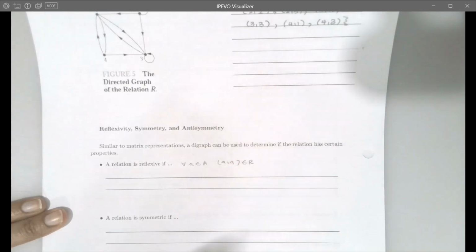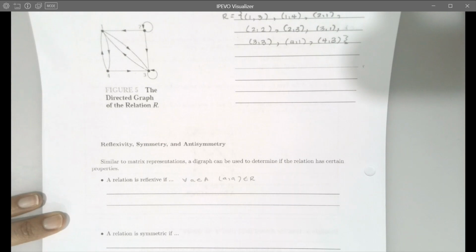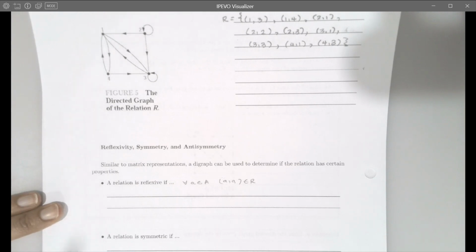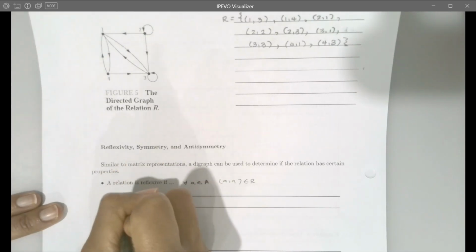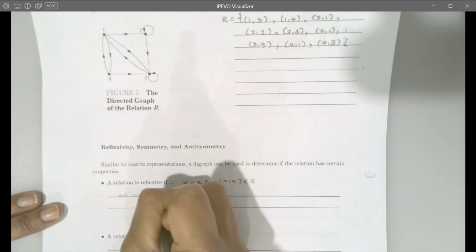That's what it means to be reflexive. And so on the graph, what that's going to look like is for every node or vertex on the graph, there's going to be a loop, meaning everything is going to map back to itself. So a relation is reflexive if all nodes, all vertices, have a loop.